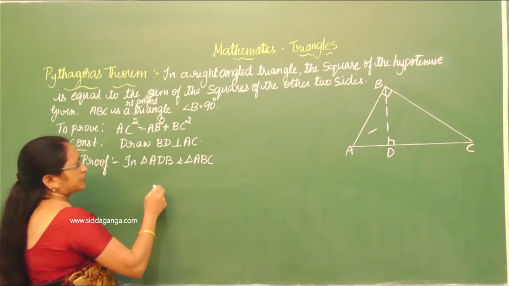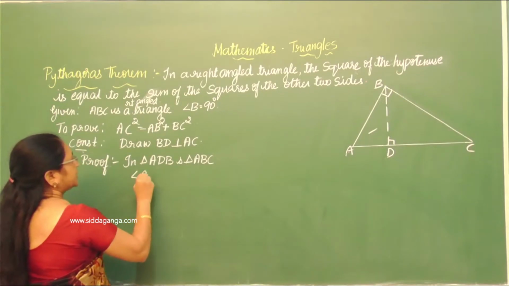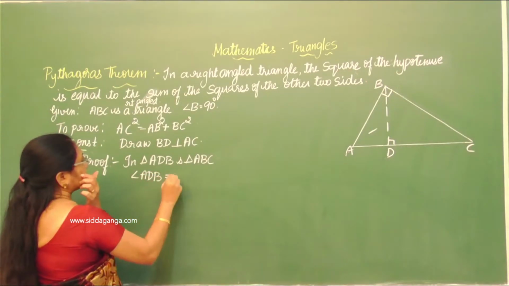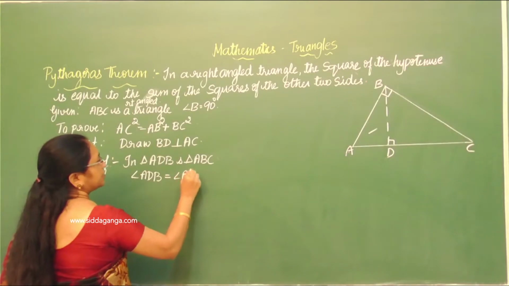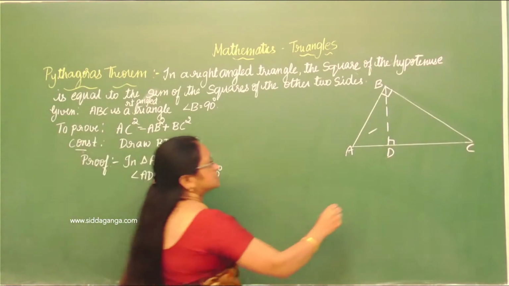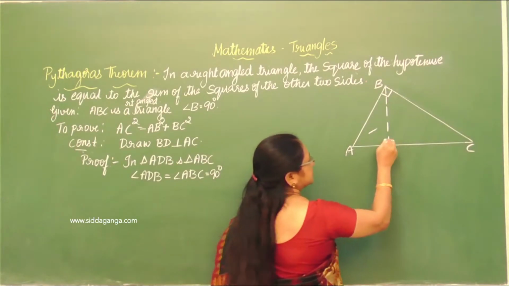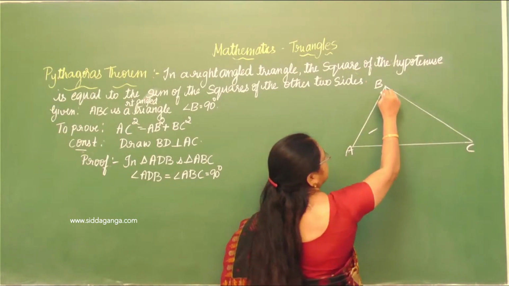Just find out. Angle ADB is equal to angle ABC. Why? 90 degree. Since BD is perpendicular to AC, you all know this is 90 degree, and this is 90 degree.